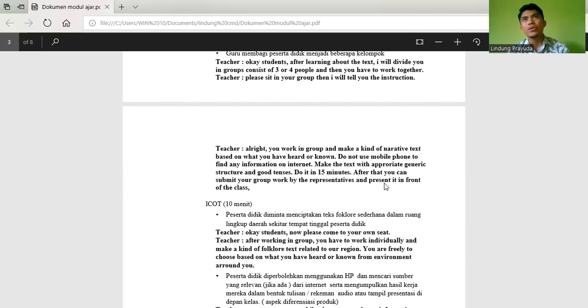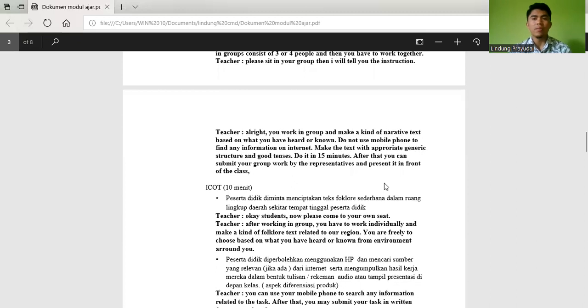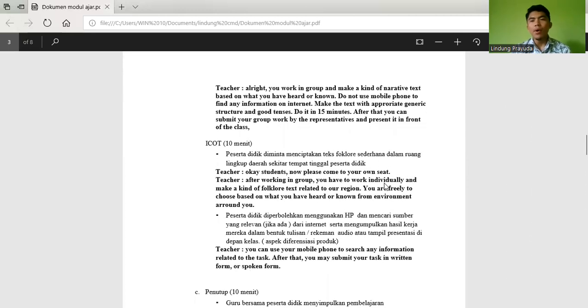They can search for information on the internet, or maybe ask their parents, their siblings, or anyone who can give them information. But the point is, they will be able to create a narrative text with appropriate generic structure.